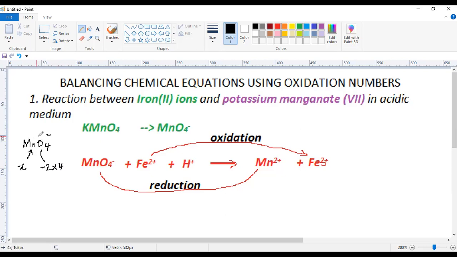When you add the oxidation number of all these species, you must get a negative overall charge. So X plus -2 into 4, which is -8, is equal to -1. You can solve for X and get 7. Oxidation number of manganese is +7. So I write over here, manganese oxidation number is +7.